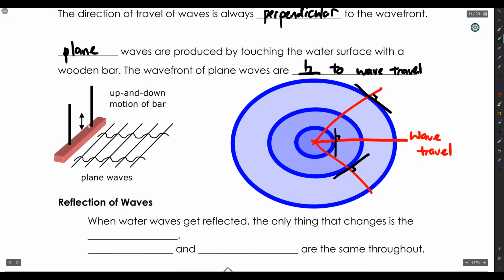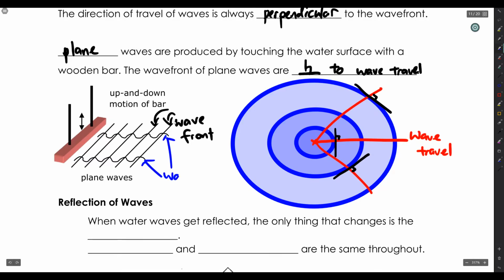Basically, I have a wooden bar moving up and down, and what happens is that I create wavefronts that are just horizontal rows. These lines here are actually your wavefronts.